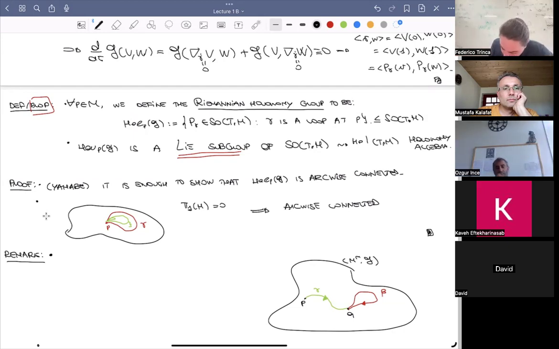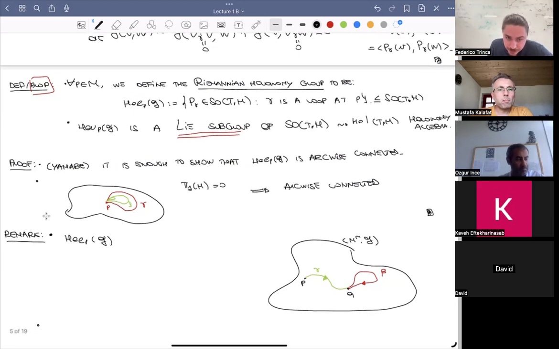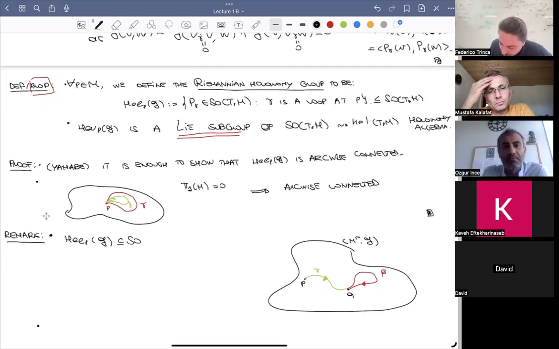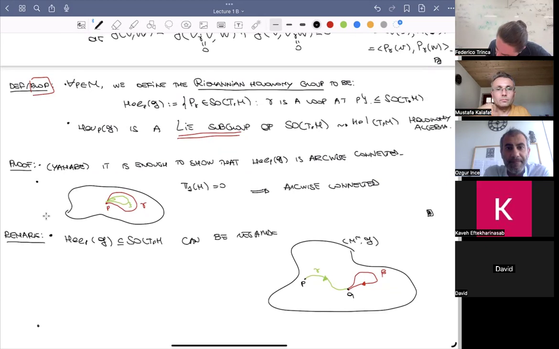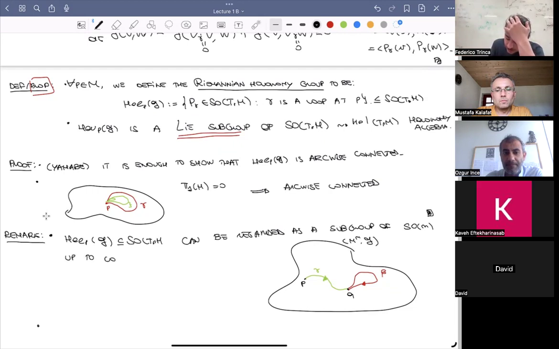So what I claim now is that the holonomy group of g, which is contained in SO(T_pM), can be regarded as a subgroup of SO(n), so as a subgroup independent of T_pM, and this can be done up to conjugations.